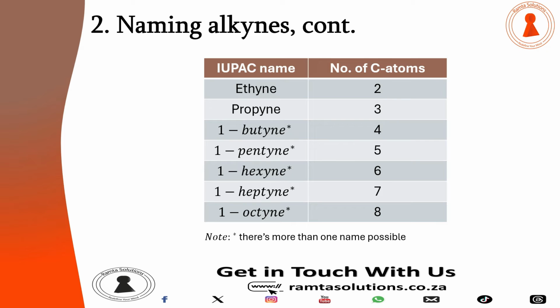So remember I said the suffix of alkynes is yne. So an alkyne with two carbons is called ethyne. Remember acetylene is called ethyne. And propyne.